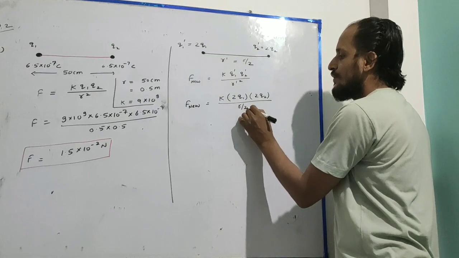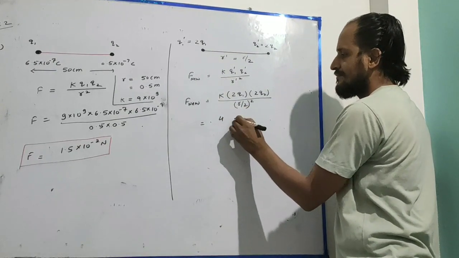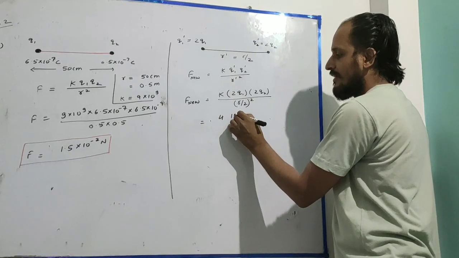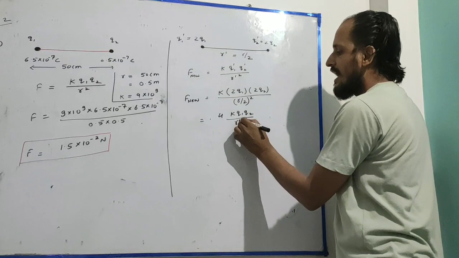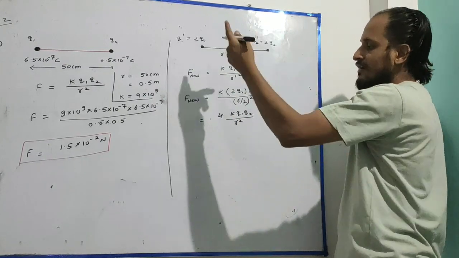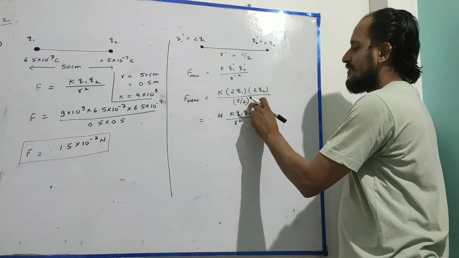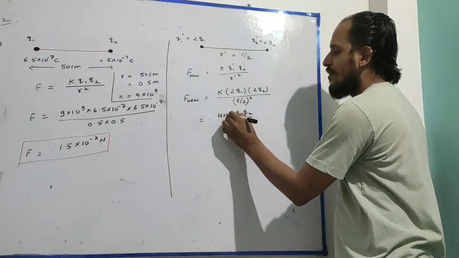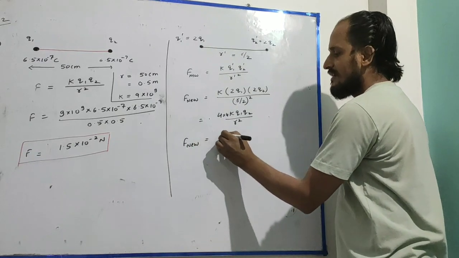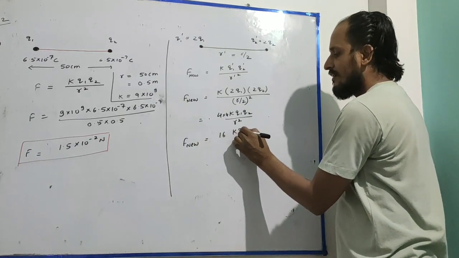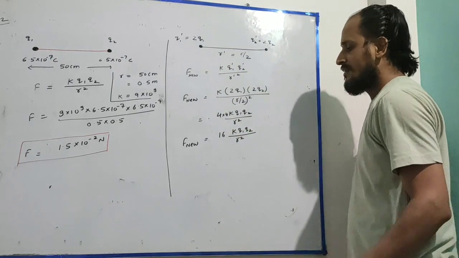So (R by 2) square becomes R square by 4. We transfer it to the numerator, 2 square is 4, 4 into 4. So F new is 16 K Q1 Q2 upon R square.